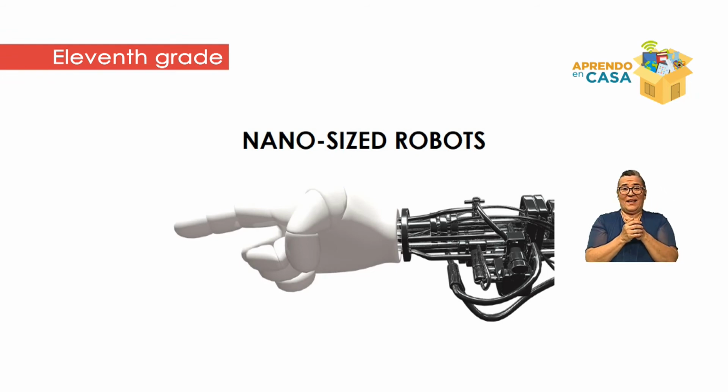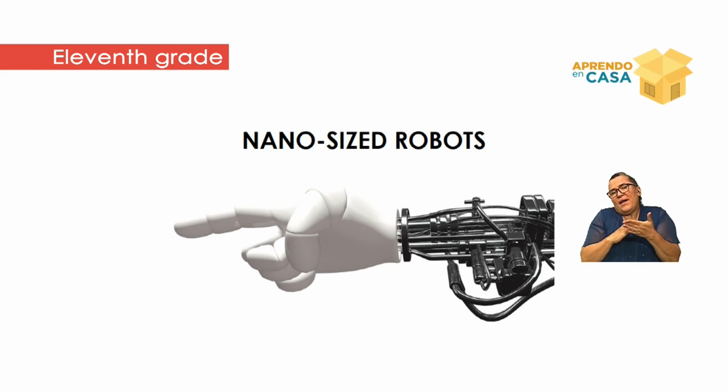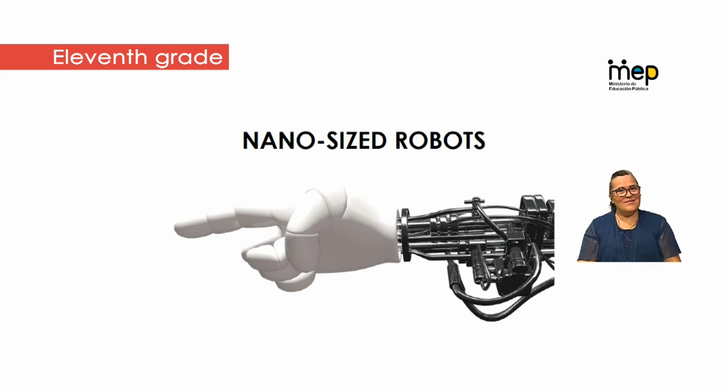Nano-sized robots. Look at the image. Incredible, right? Imagine people who had an accident and they lose a hand, for example, or a part of their body, and then they can rehab or have that again with a nano-sized robot. Amazing, right? Okay, the next.